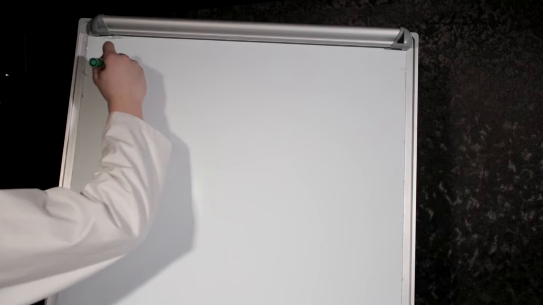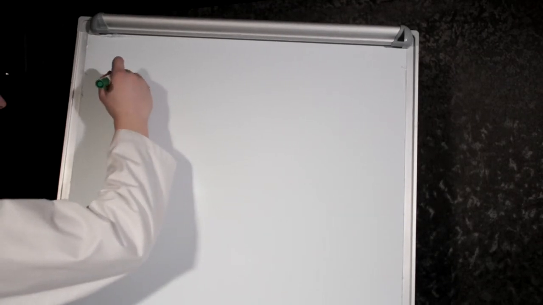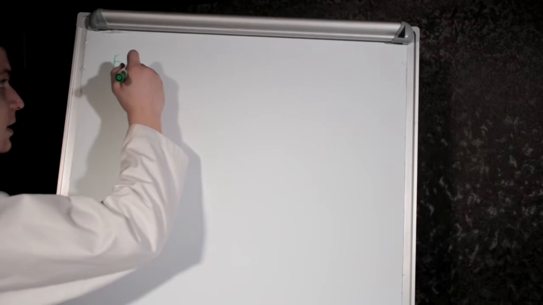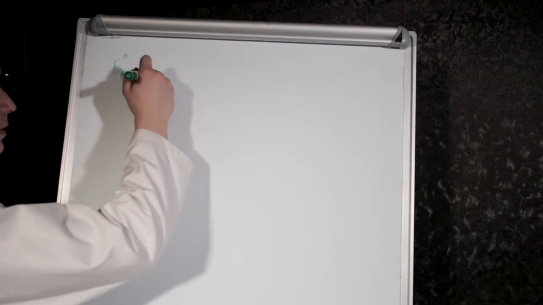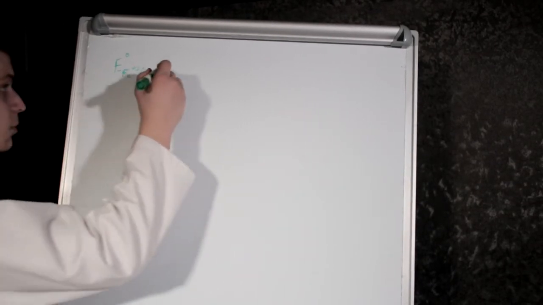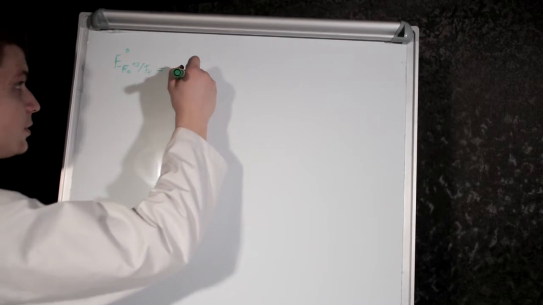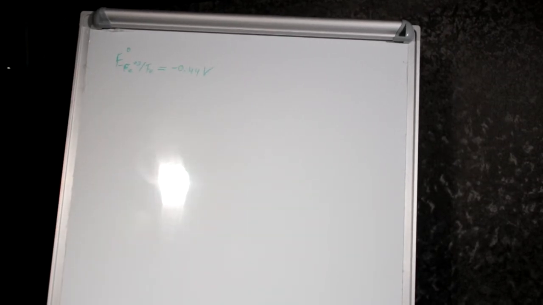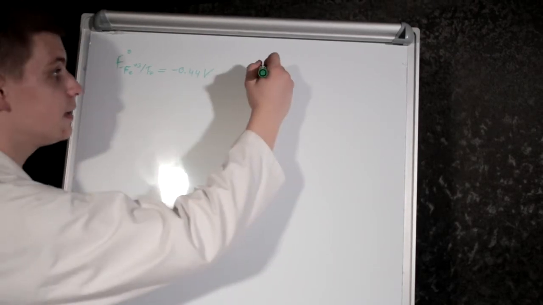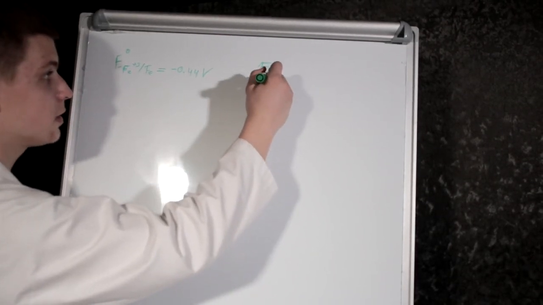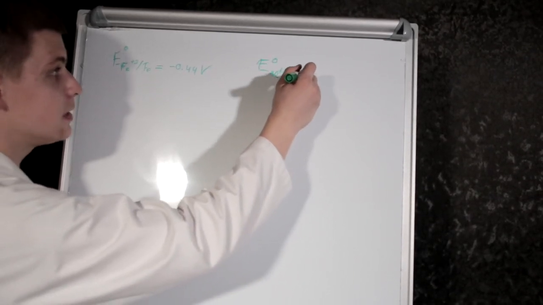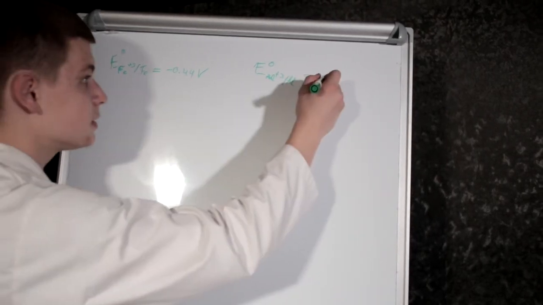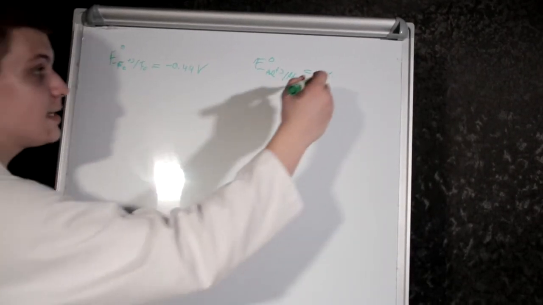So the standard electrode potential for the iron, E0 of Fe3+ to Fe, is equal to minus 0.44 volts, whereas the aluminum one, E0 of Al3+ to Al, is equal to minus 1.66 volts.